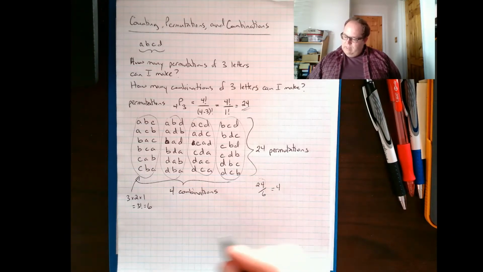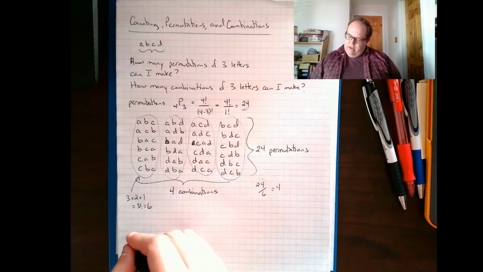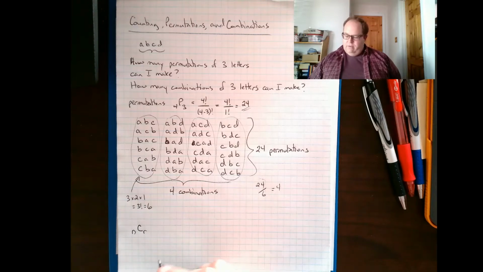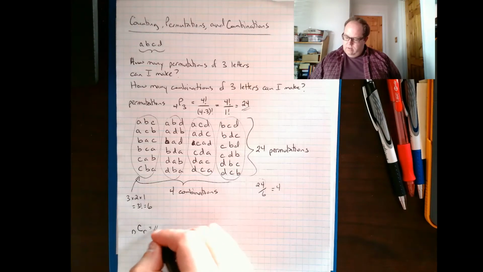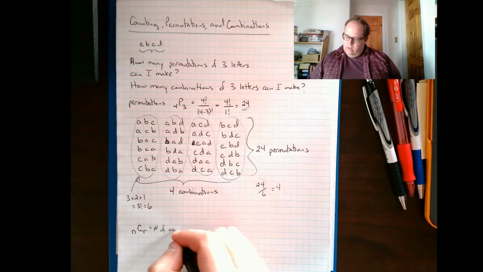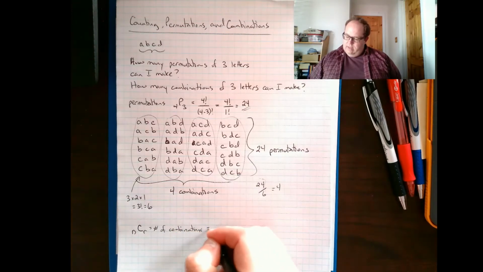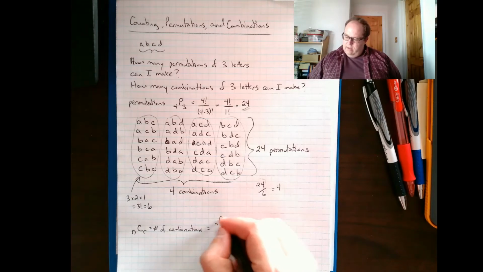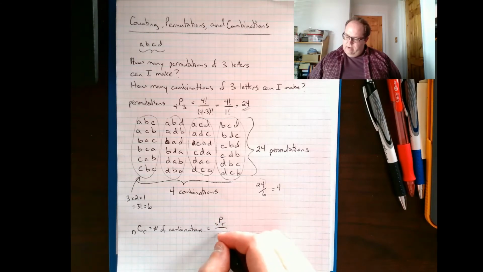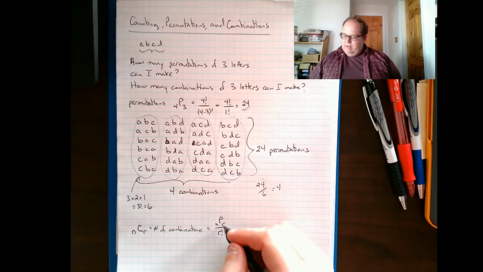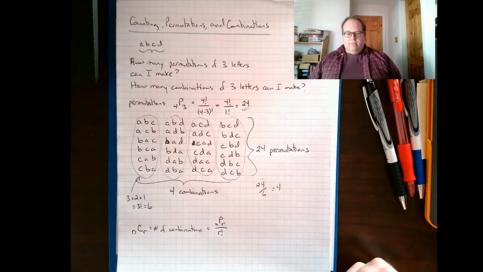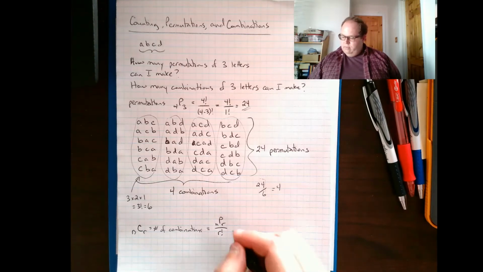So what that looks like a little bit more generally is if I have NCR, or N choose R for combinations, that's going to equal NPR divided by R factorial, because that's how many ways there are to rearrange that small group.